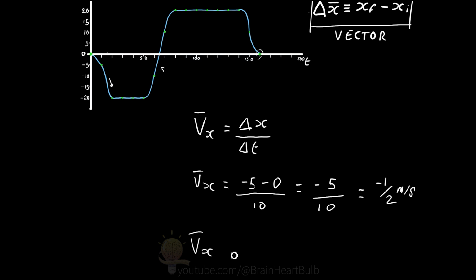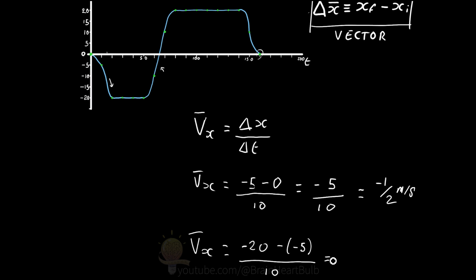So average velocity between 10 seconds and 20 seconds, we've got a final position of -20, an initial position of -5, and again that's divided by 10 seconds because we're only looking at the difference between 10 seconds and 20 seconds.